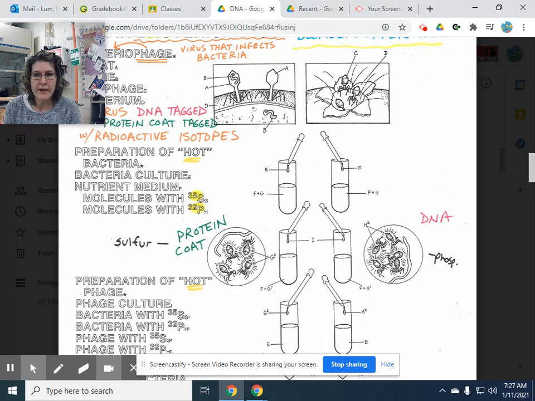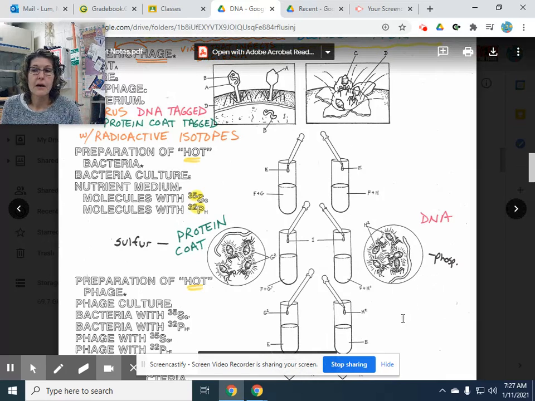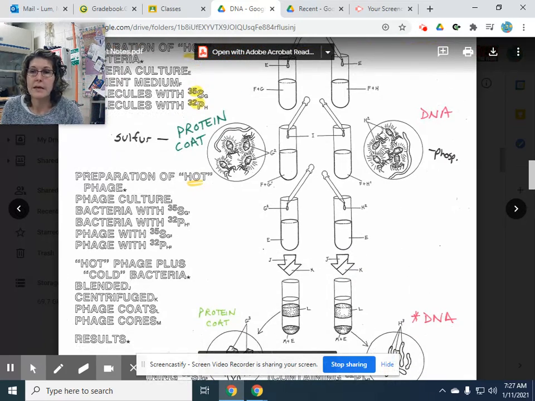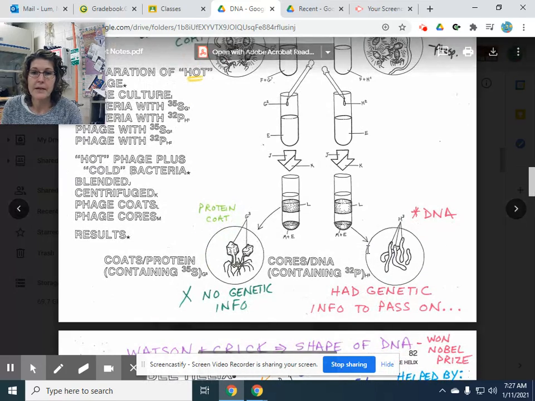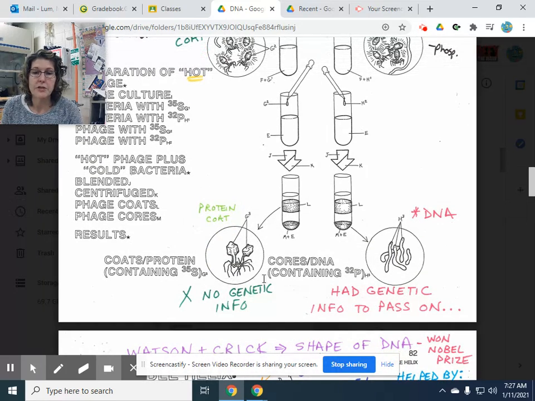They allowed those viruses to infect bacteria. Whatever material they pass through to that next generation is also going to be copied, which means my radioactive substance, whatever it may be, is going to get copied and go through that. What we see here is that we have phosphorus being passed through, and at the end there is no genetic information from our radioactive sulfur.